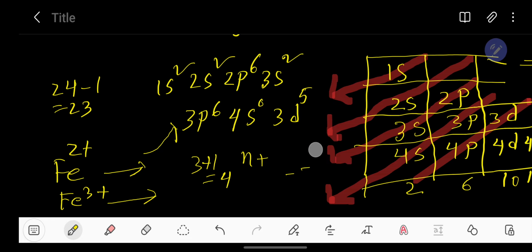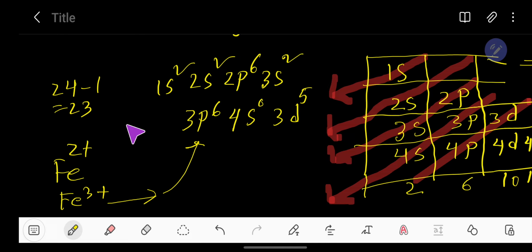So this is the electron configuration of Fe3+. At first we write the electron configuration of Fe, then from Fe we deduct 2 electrons for Fe2+, then we deduct 1 more electron from Fe2+ to get the electron configuration of Fe3+, right?